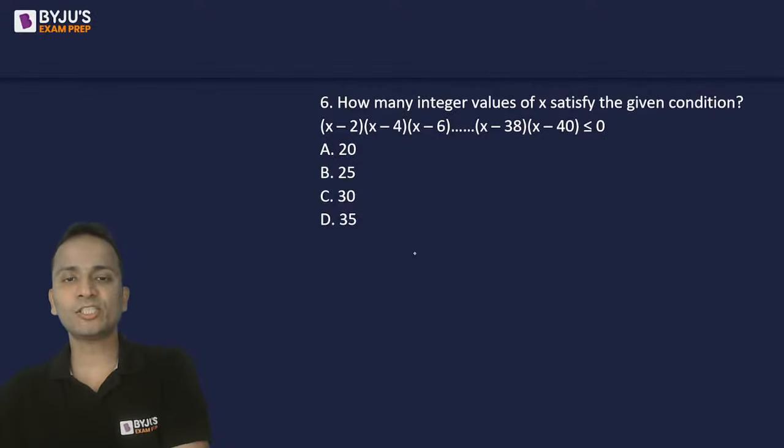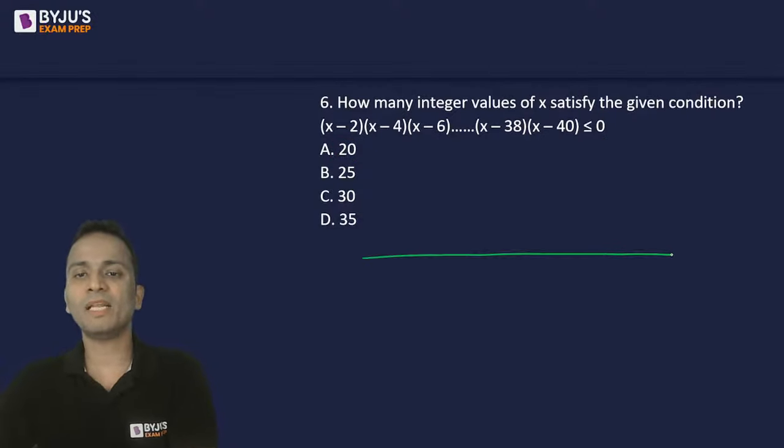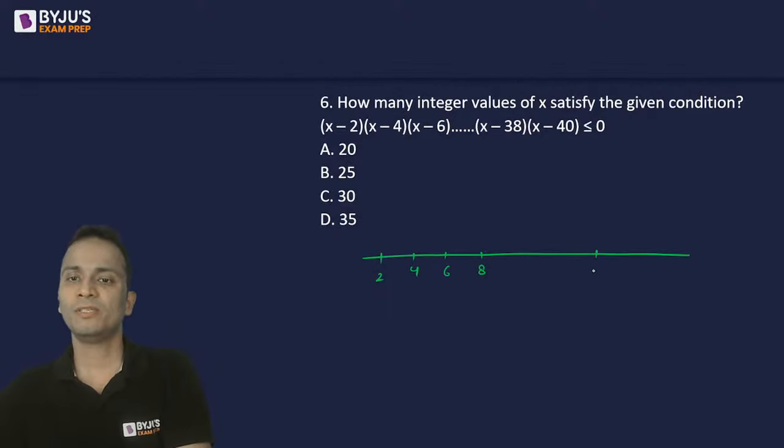Okay, now let's plot these numbers on the number line. 2, 4, 6, 8, and so on, then 36, 38, 40.